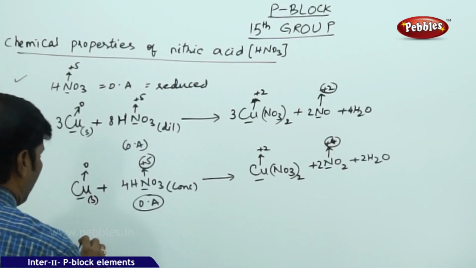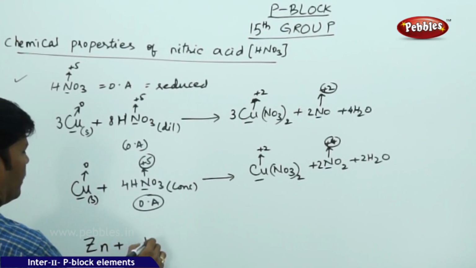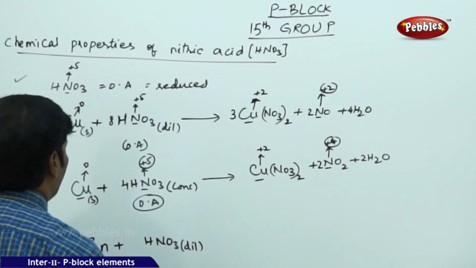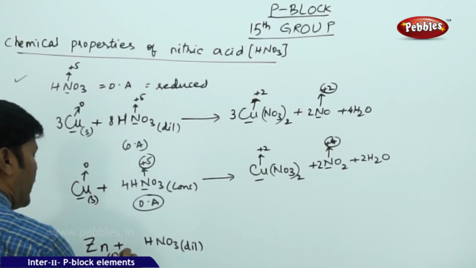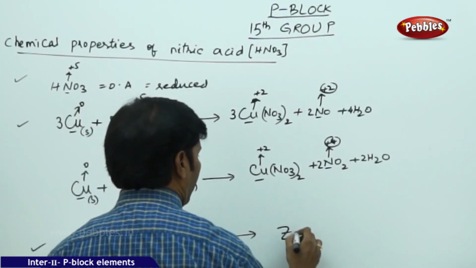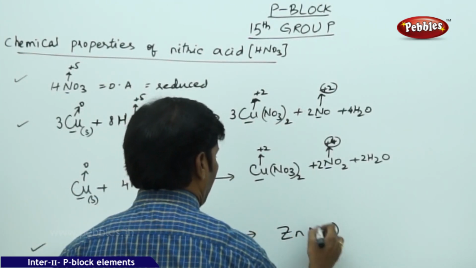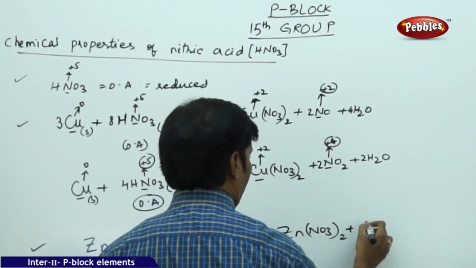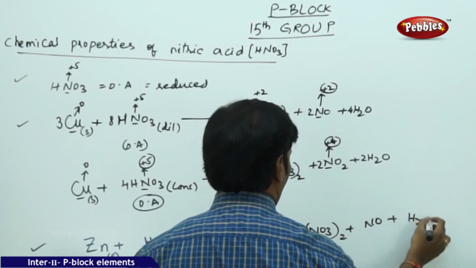Likewise nitric acid can also react with zinc. Dilute nitric acid reacts with zinc solid to give zinc nitrate plus nitric oxide plus H2O.